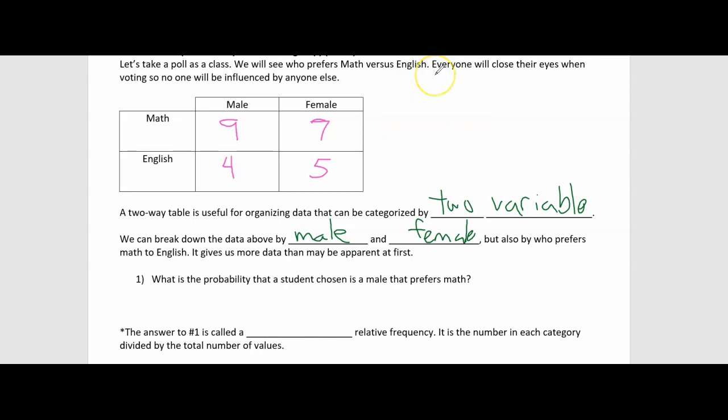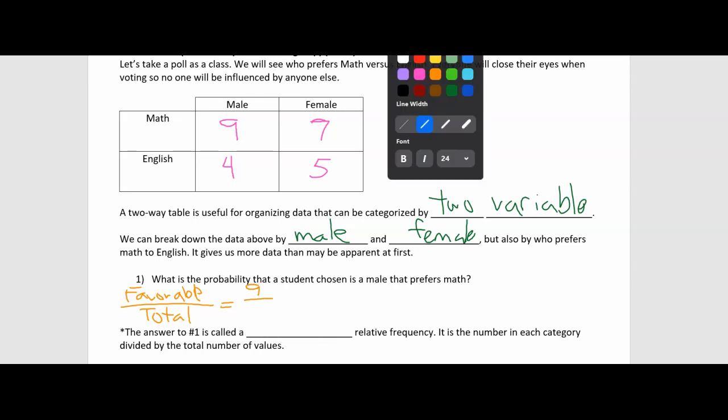Well, we know when we're trying to figure out a probability, we want the favorable number of outcomes over the total possible outcomes. The favorable number of outcomes here is 9, since there are 9 males that prefer math, and the total is just going to represent the total number of students.